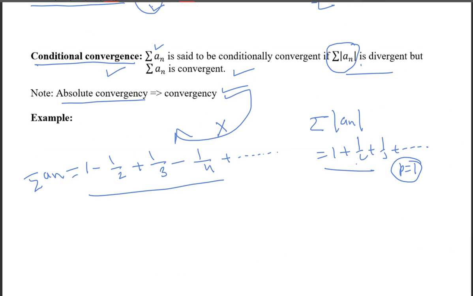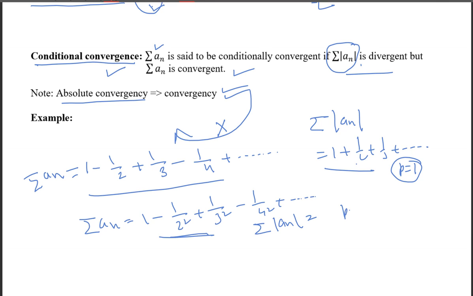Again, if I consider another series, summation 1 minus 1 by 2 square plus 1 by 3 square minus 1 by 4 square plus like this, is it absolutely convergent or conditionally convergent? It is absolutely convergent. If you take the absolute value, that is a p series with p value equal to 2, which is greater than 1.